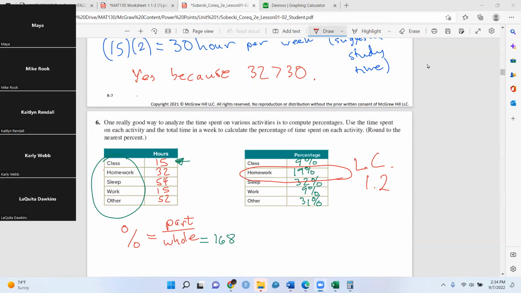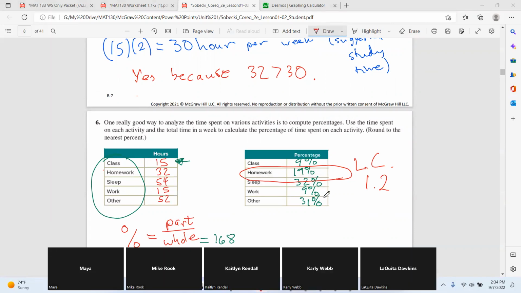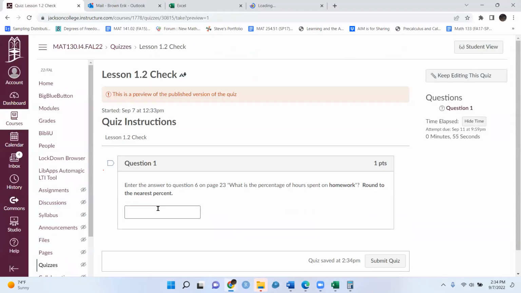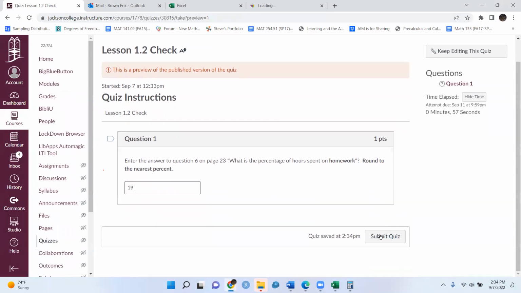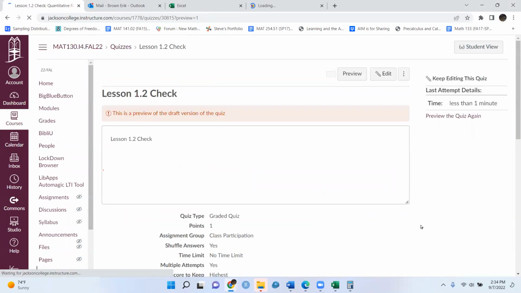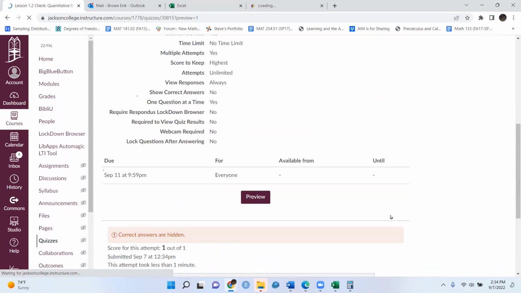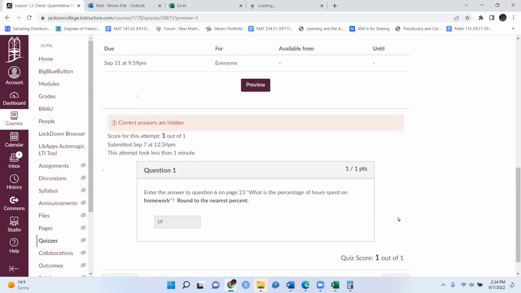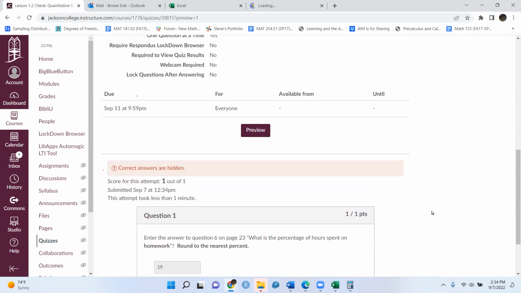Perfect, thank you. So 19. I don't know what happens when I submit the quiz. Oh, it tells you the score, but it doesn't show you the answer. Good for me for doing that.